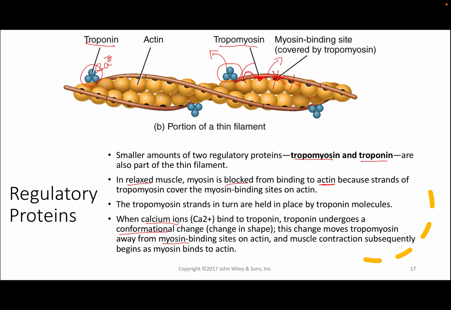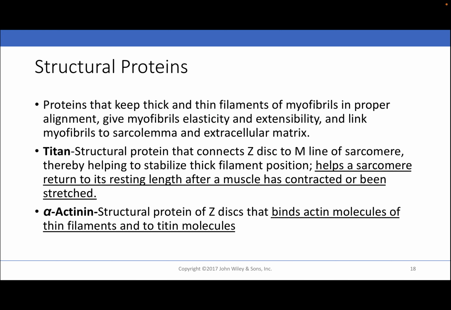This is going to expose our myosin binding site that we have on that actin, and this allows for those myosin heads to now be able to bind to the actin molecules, right, allowing for a crosslink to form. Right? This is super important. It's this binding between myosin and actin as a result of tropomyosin being pulled away because of this shape change that we see in troponin, exposing that myosin binding site.